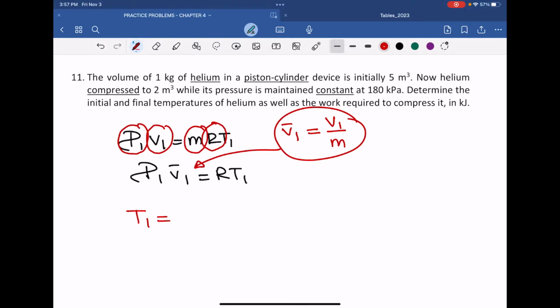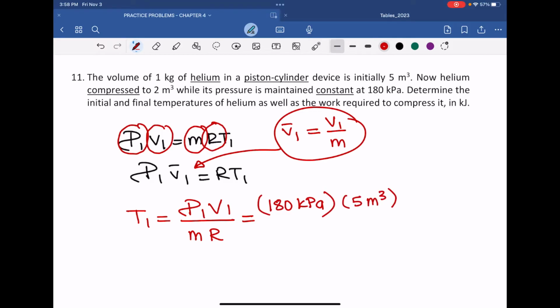Temperature is therefore P1 V1 over MR. And let's plug in and see how we can calculate that. Initially the pressure is 180, V1 is 5, and the mass is 1 kilogram.